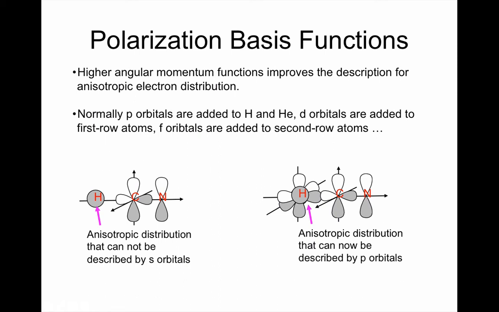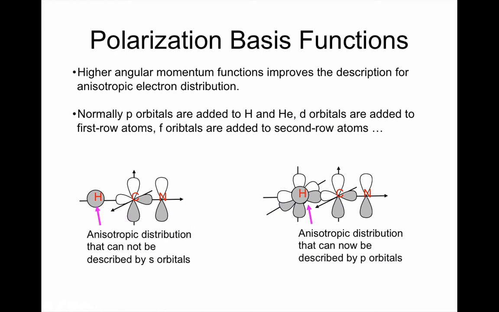And remember that, for example, for the first row atoms, we do not have any d electrons in these atoms, but we add d orbitals in order to allow flexibility. By flexibility here, we mean that by adding the p orbitals, we allow for the p orbitals to become polarized. And this can be described by including higher angular momentum functions, that is d orbitals, in the basis set.